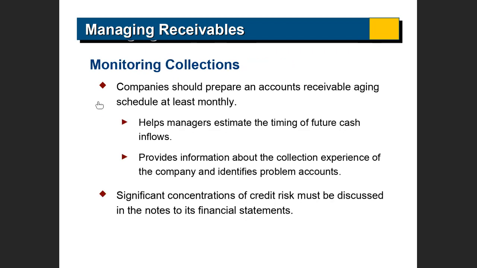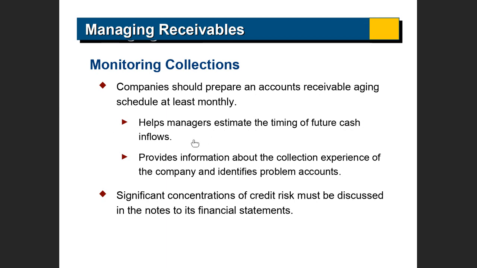You want to monitor the collections, so companies should prepare an accounts receivable aging, the one that I was referring to, that you saw with 30, 60, 90 days. The time is a factor. If it is 30-day-old, 60-day-old, 90-day-old, the longer the time period is, the less chance of collecting.